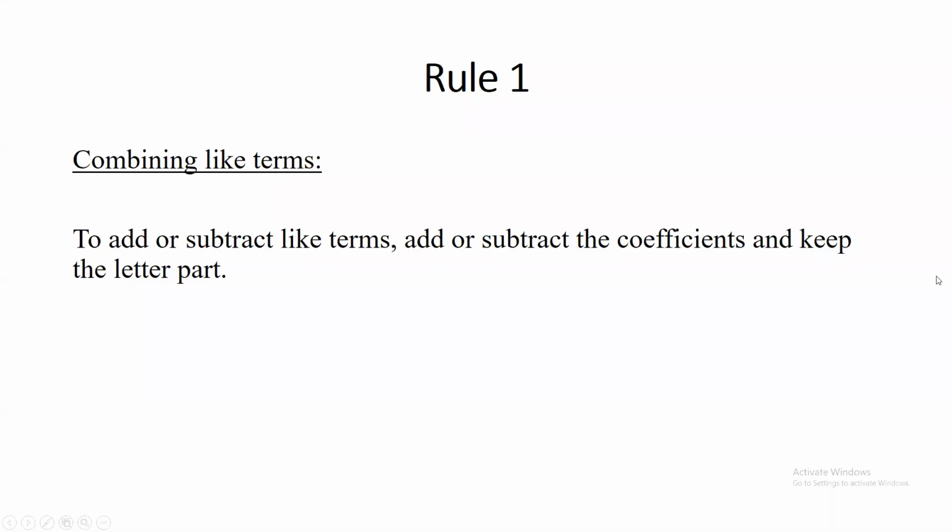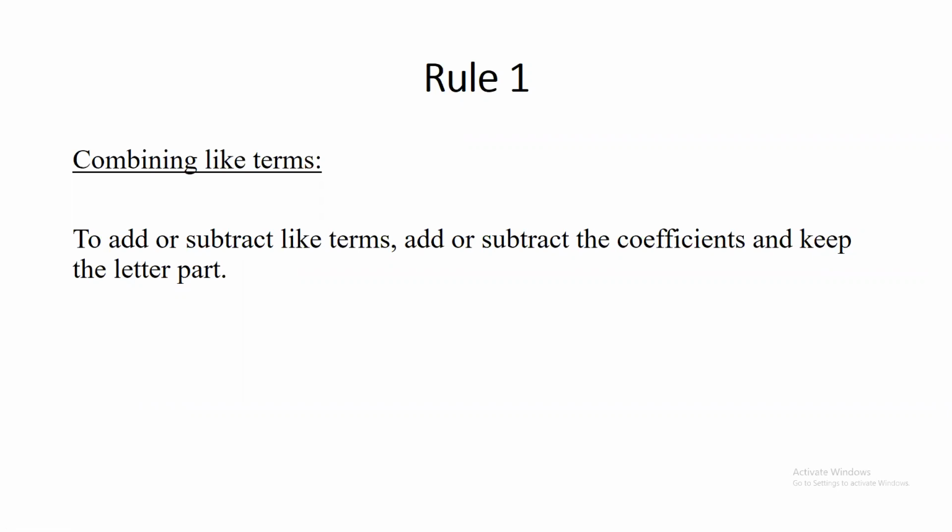We're finally ready to learn about why we care whether two terms happen to be like terms or not. Why we care that two terms have the same letter part.